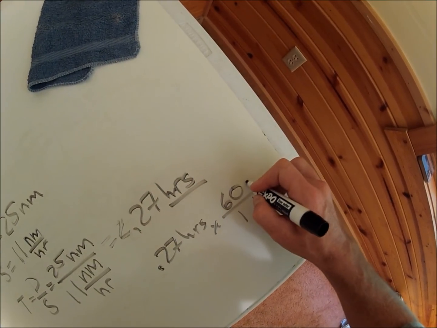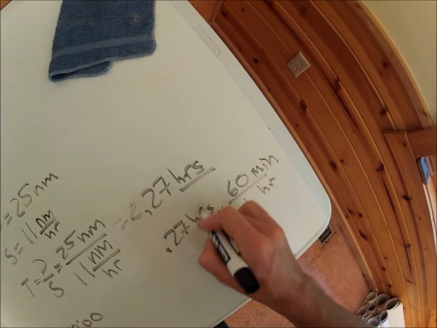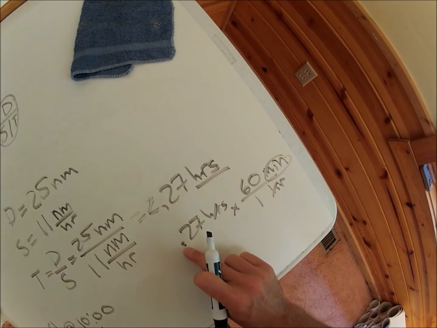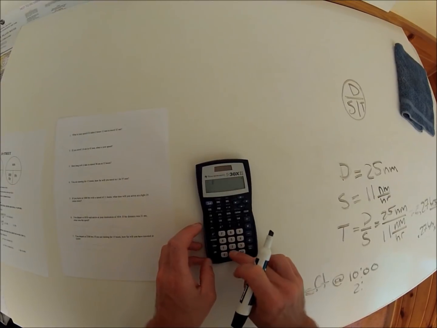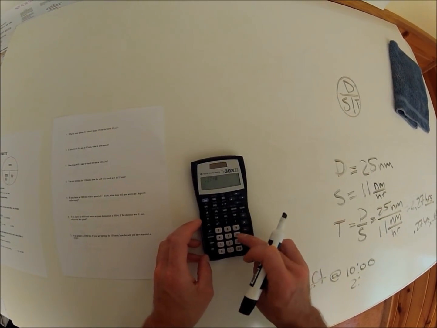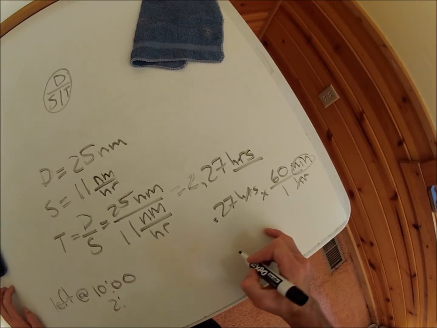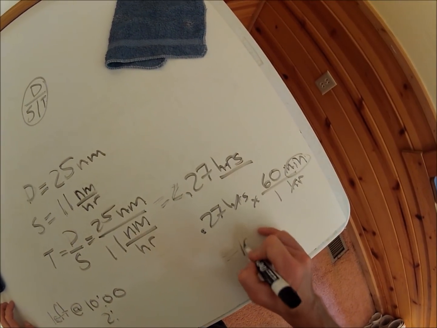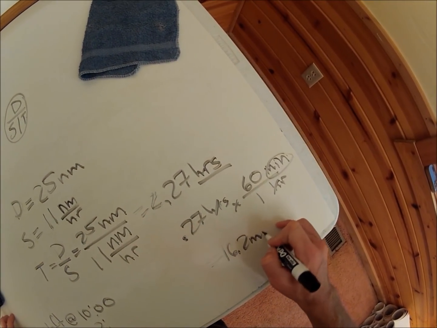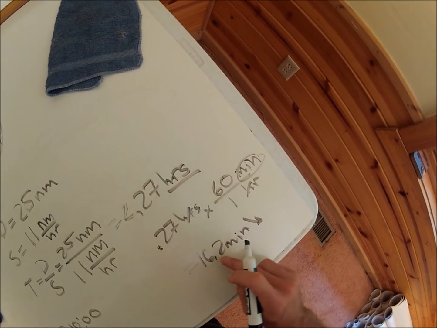We have to times by 60, right? We're left with minutes. 0.27 times 60 equals 16.2 minutes. We're going to round this down because this is 0.2.